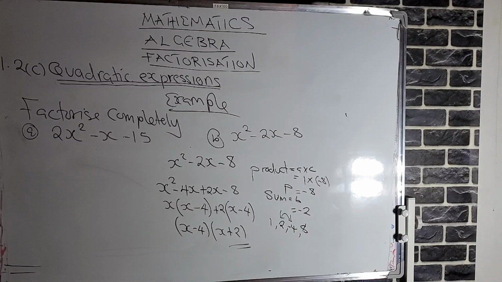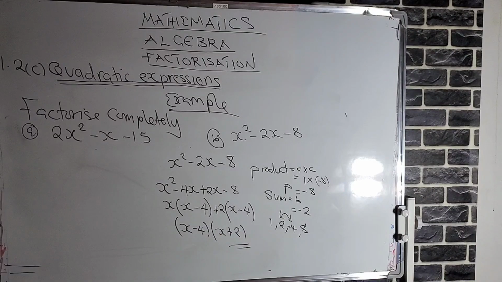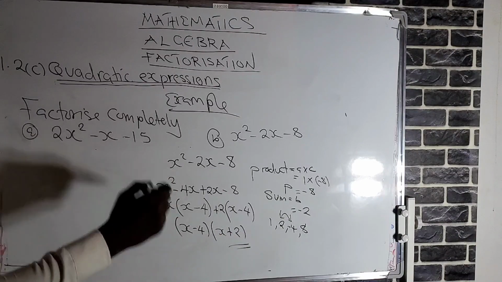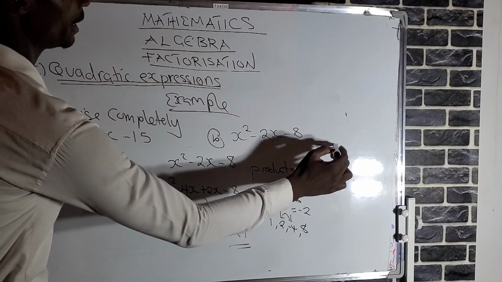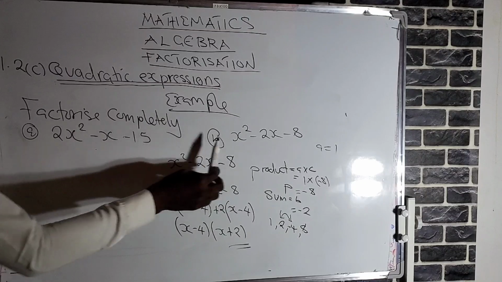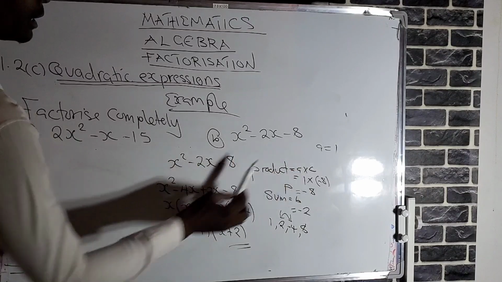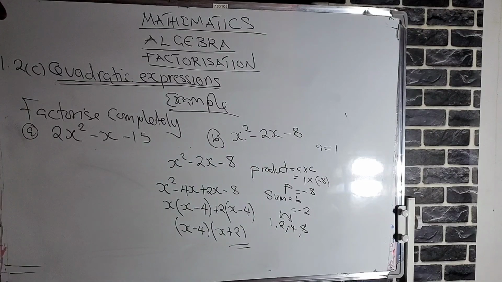So there is a trick when it comes to finding the answer, the product and the sum. This trick only works when the value of a is 1. When you look at this one, the value of a is 2. This one, the value of a is 1. So this trick can work for this one. Now, what is the trick?